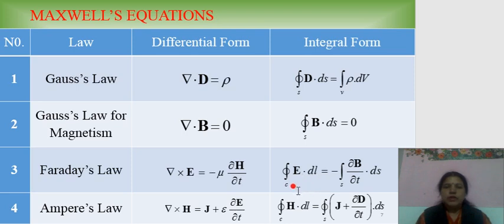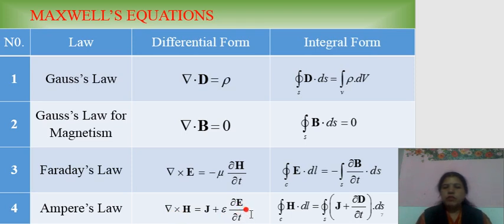And for the fourth Maxwell's equation, Ampere's law is used. What is this? Del cross H, or you can say curl H equal to J plus epsilon partial derivative of E. This is differential form.